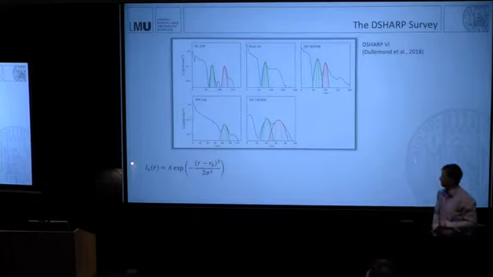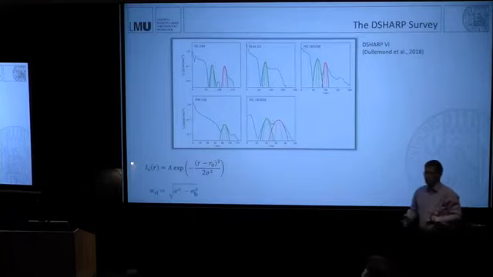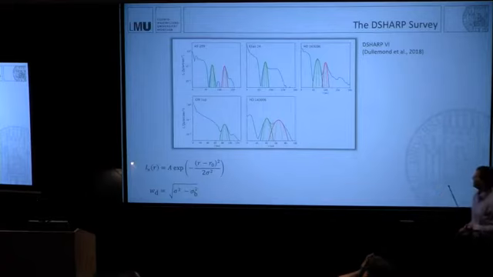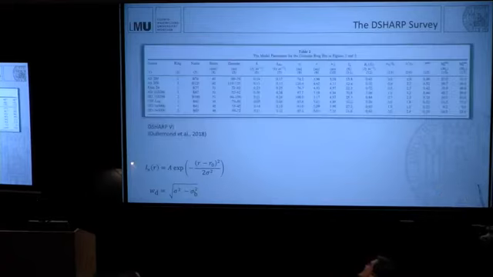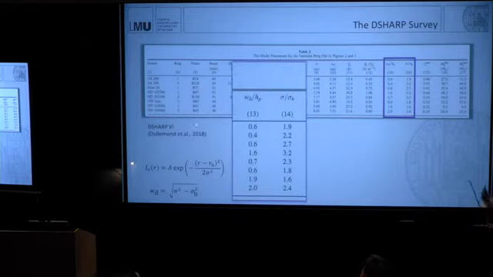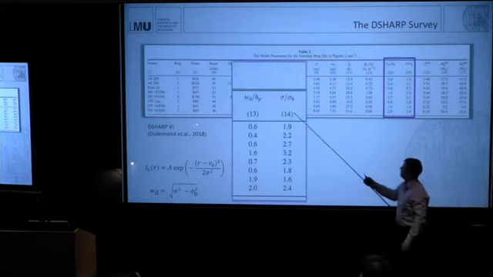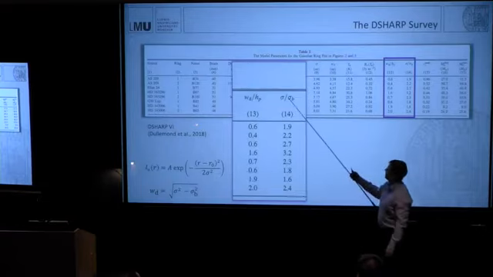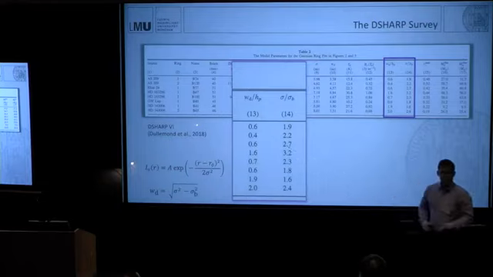And with some convolution theorem, you could go back to what is the width of the dust rings. And he summarized that in this nice table. I just wanted to highlight these 2 columns. So what you see here in column 14 is the width of the Gaussian compared to the beam size. They are all larger than 1, meaning the dust rings are resolved.